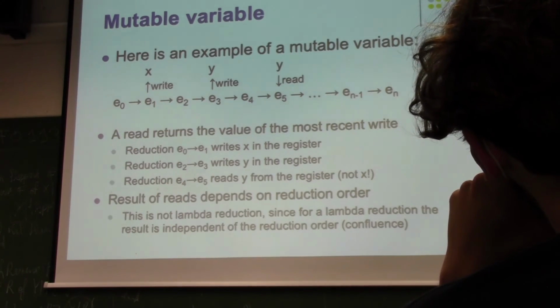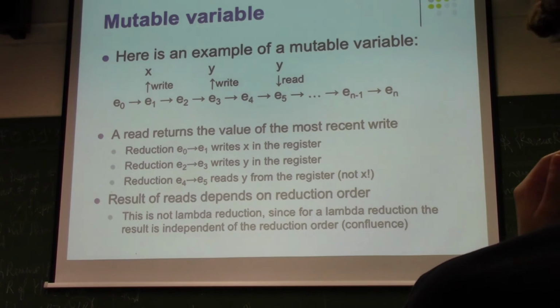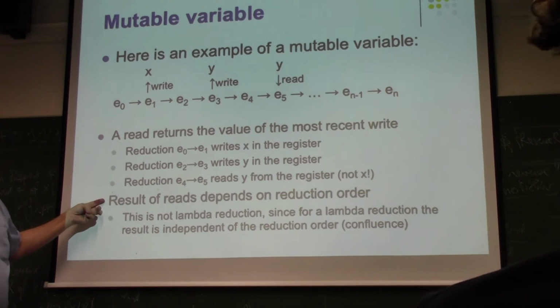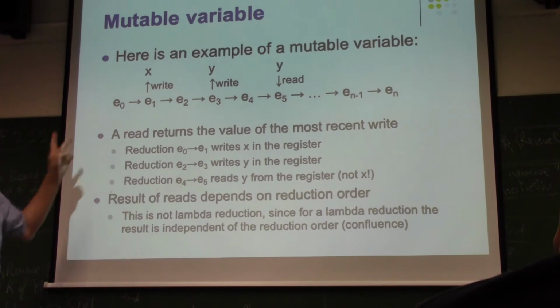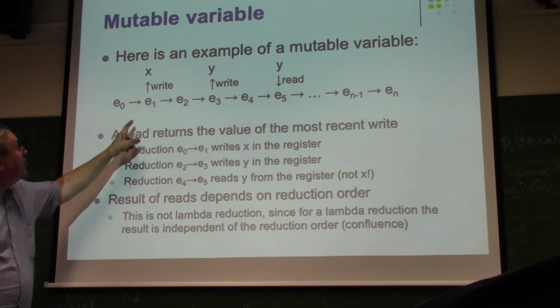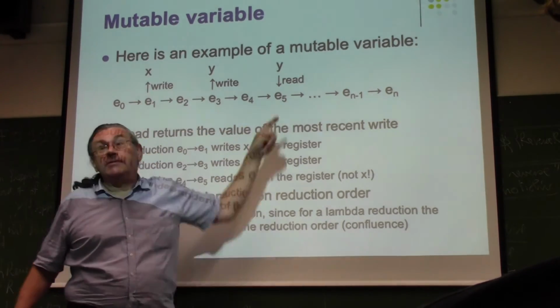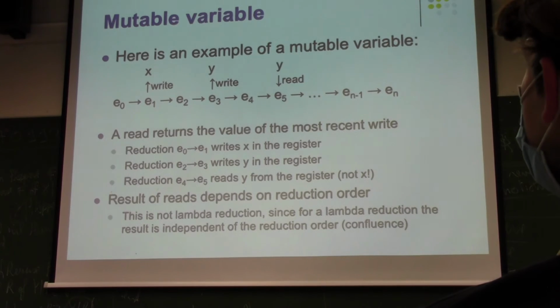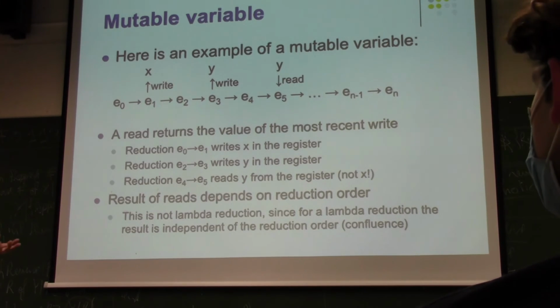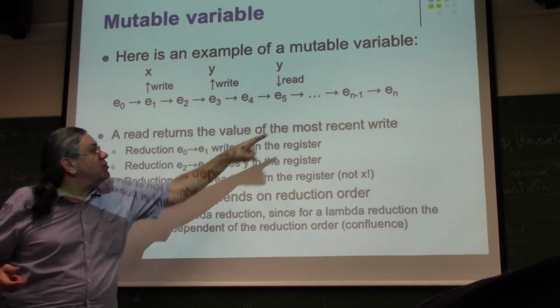That's how variables work. It's very simple. So here again, the result of the reads depends on the order. Okay? If I switch the order of these two, then I'm going to read X. But Church-Rosser would not care about that. If I switch the two order, the result should be the same.